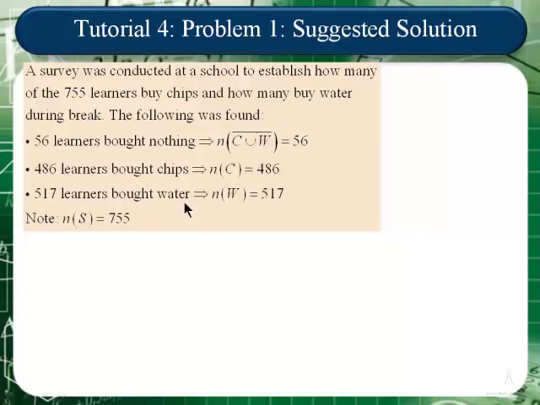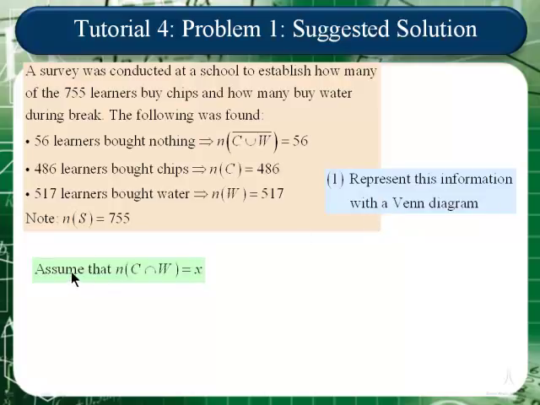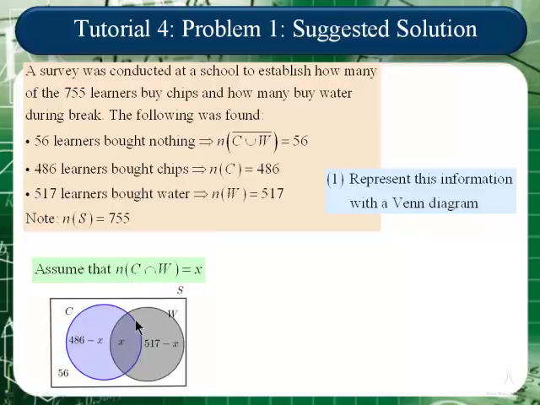You were given this information from a survey and you had to represent this information by means of a Venn diagram. So we assume that the number of learners that will buy chips and water is equal to X. So in this particular area belonging to chips and water, that is X, we were given that 56 learners bought nothing, so you could place the 56 outside here, while 486 of the learners bought chips.